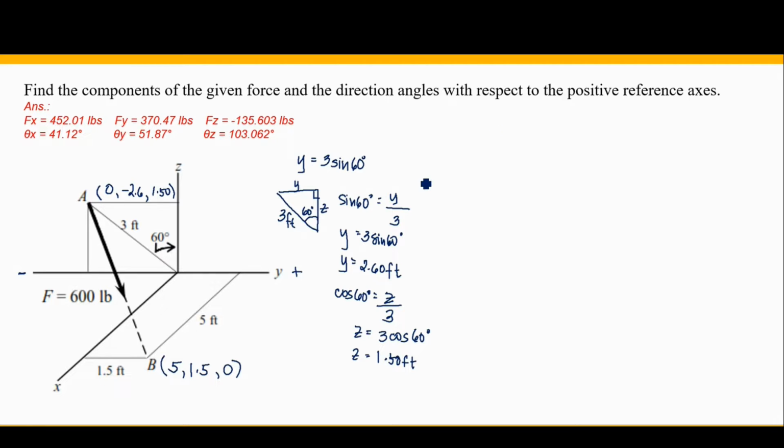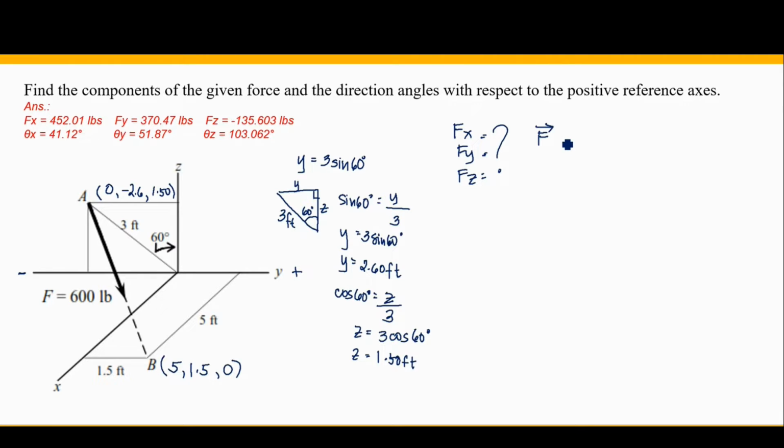The problem asks for the components of the given force. So when we say components, we have Fx, Fy, and Fz. That is what our problem is looking for. To find that, we have our equation. If you go back to our discussion last time on our slide, we have our formula for our force.